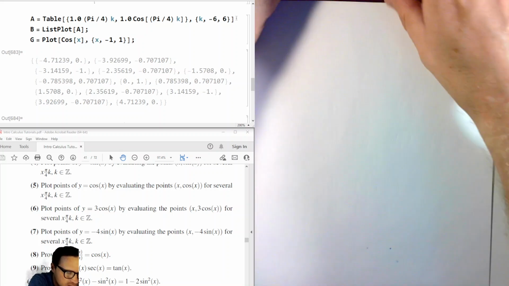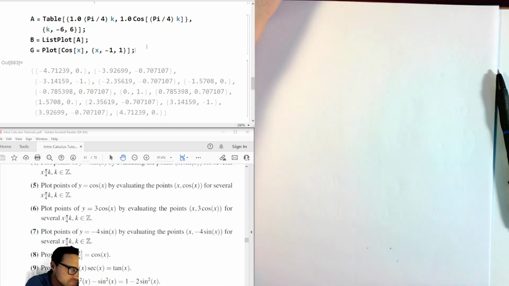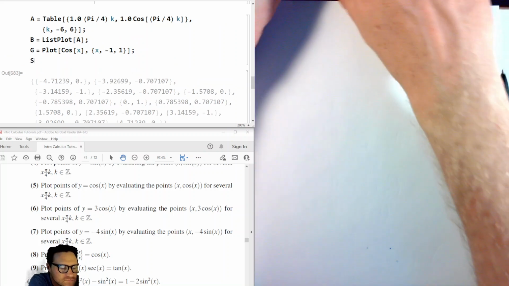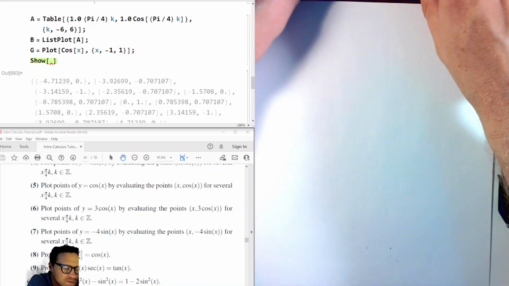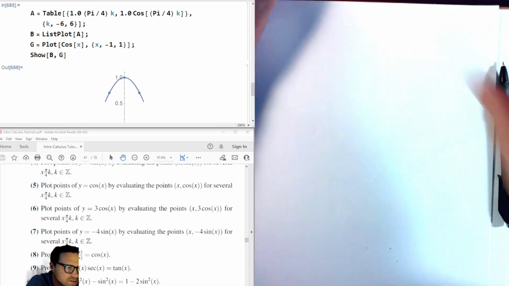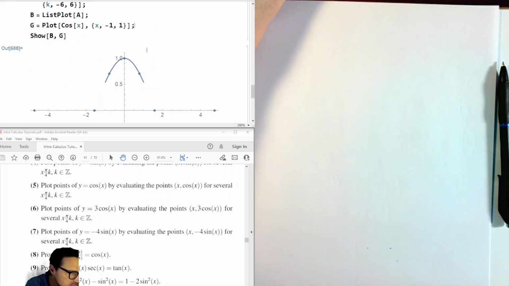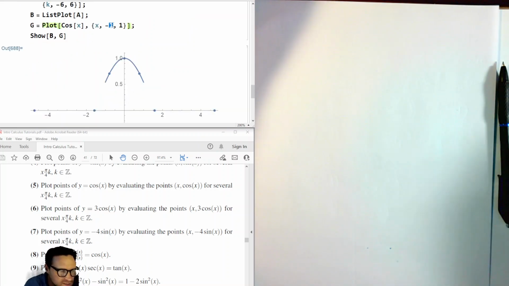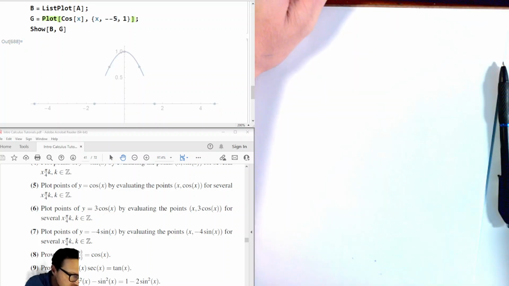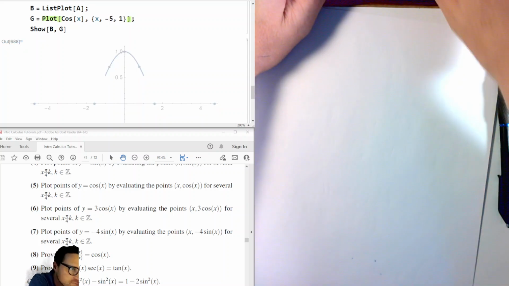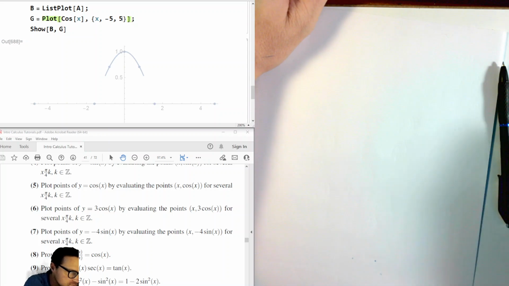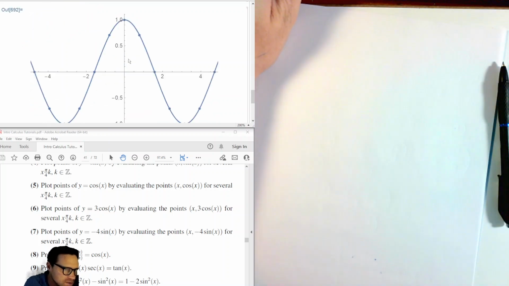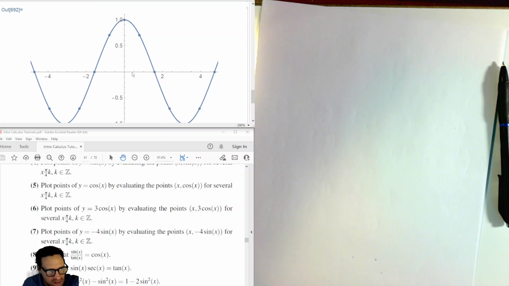Now I'll suppress the output of A. Okay, so I need to take this back to -5. And this is what you might end up with.